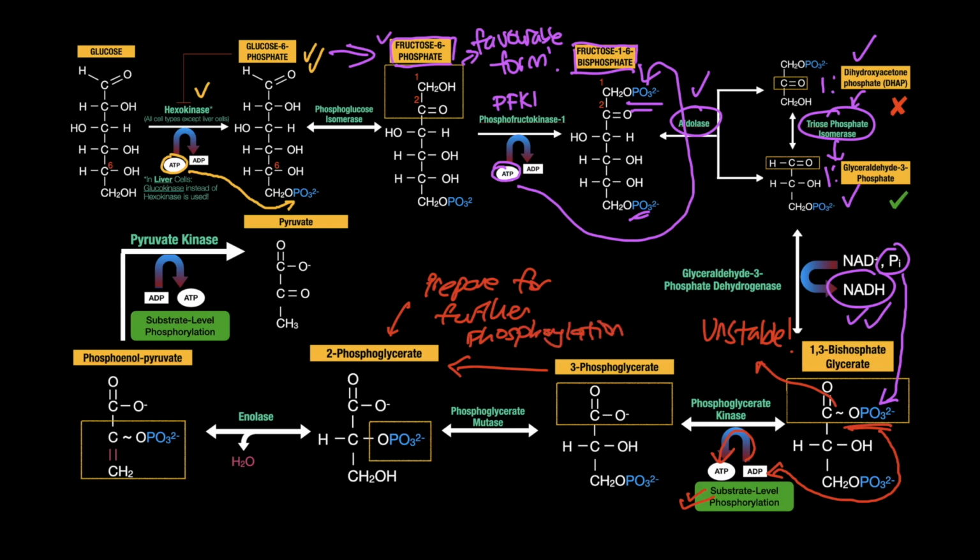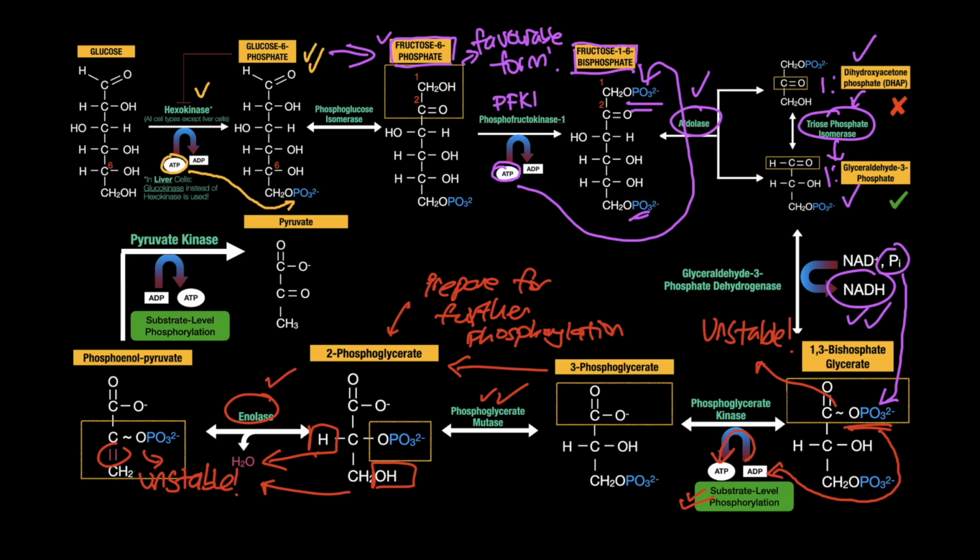Next, we prepare 3-phosphoglycerate for further substrate level phosphorylation by first shifting the phosphate group from carbon 3 to carbon 2, and we form 2-phosphoglycerate. This allows enolase to remove a hydrogen and an OH group to form water as a side product and generating a C=C double bond. This forms a high energy bond between carbon and the phosphate group, rendering it unstable.